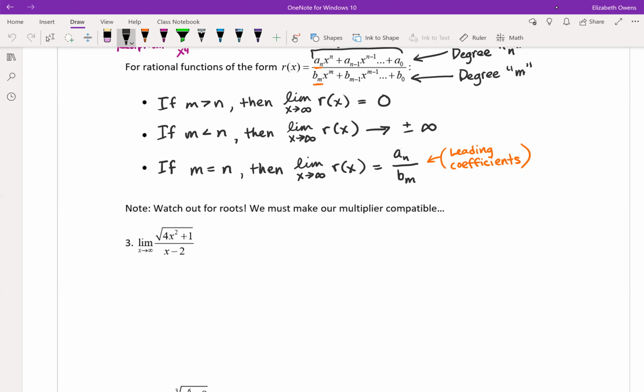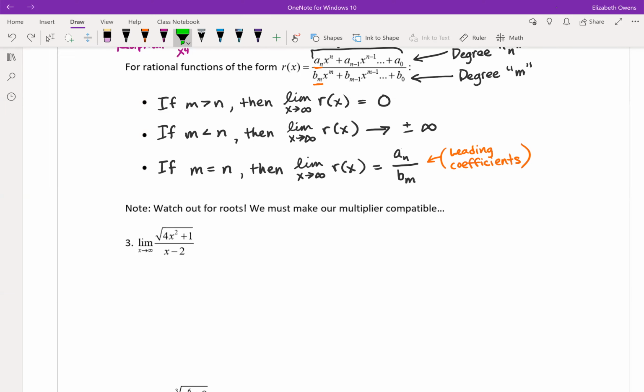And the note here is to watch out for roots. We need to make our multiplier compatible with these roots. Now, we're going to jump right into this example 3 here. Notice that in this case, we wouldn't necessarily want to use a conjugate because we just have a radical expression on top.